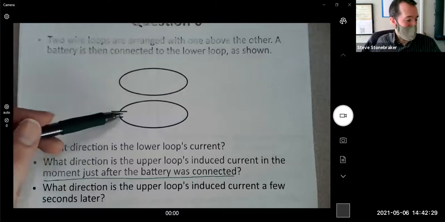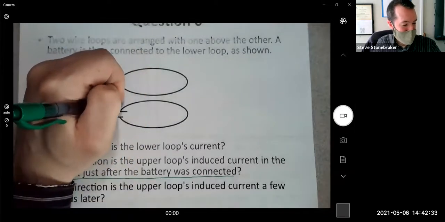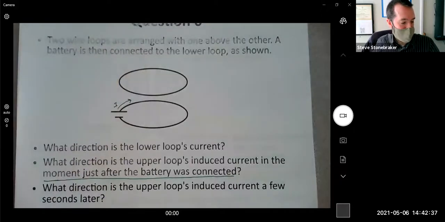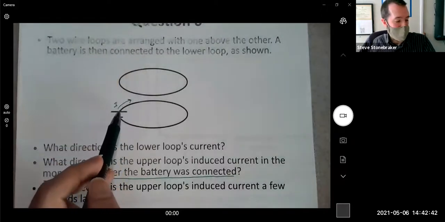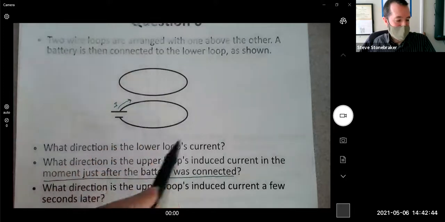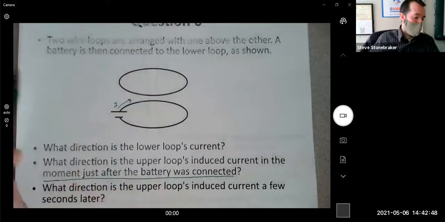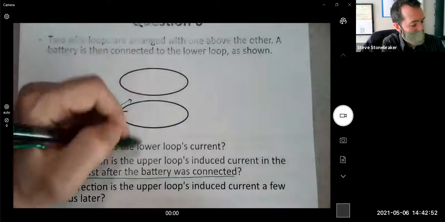So based on the direction of the battery, the current in the lower loop has to be clockwise. If the current in the lower loop is clockwise, that means that the field created by the lower loop is going to be downward through the loop.